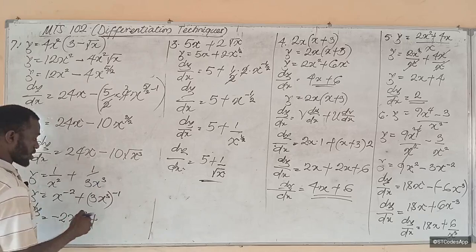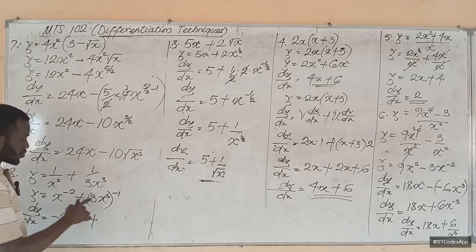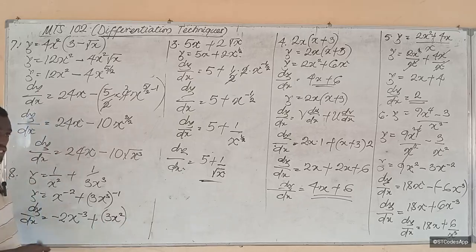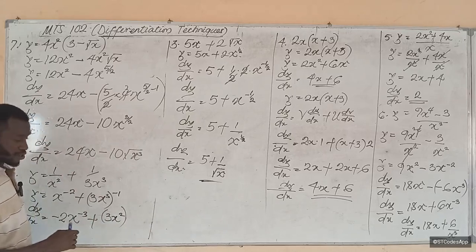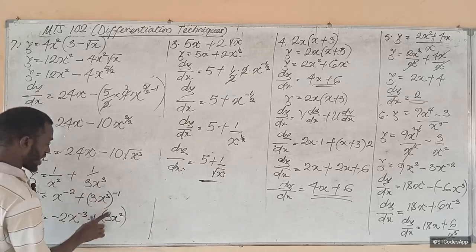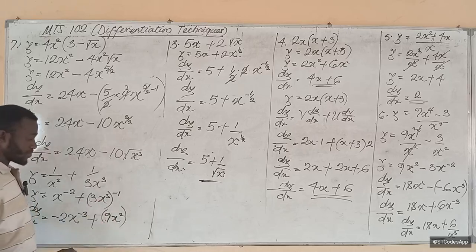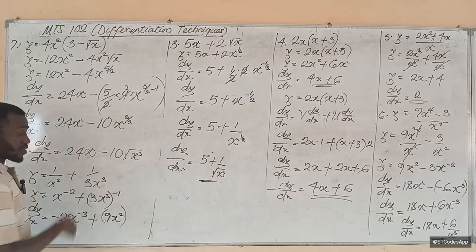This is x raised to the power 3. Let's differentiate this inner function. This will give us 3x squared, right? That's for this inner function. 9 rather, 9x squared, 3 times 3, that's 9x squared. Then we'll differentiate the outside function.